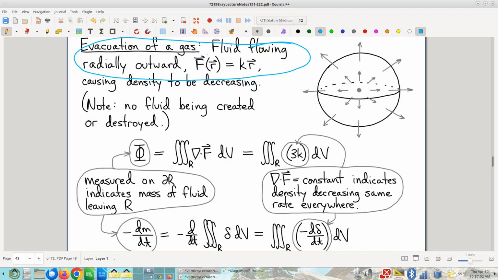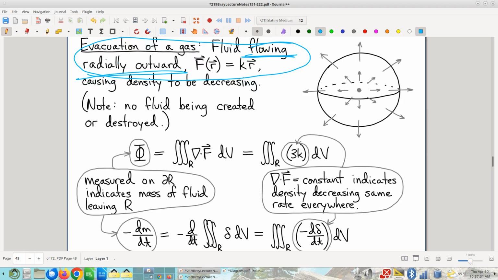So let's imagine that we're out in outer space somewhere and there's a big lump of gas, like a nebula or something, and nothing else. Now imagine that it's moving radially outward. In other words, the gas is expanding. It's getting bigger and bigger, and of course that means every particle of gas is moving radially outward to match that expansion.